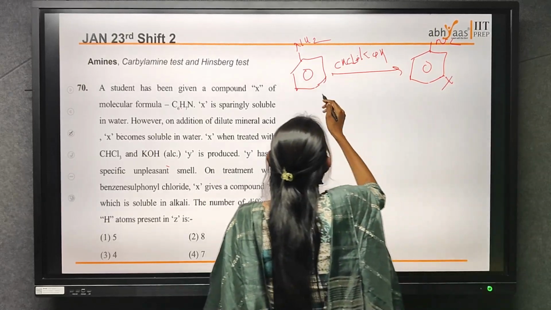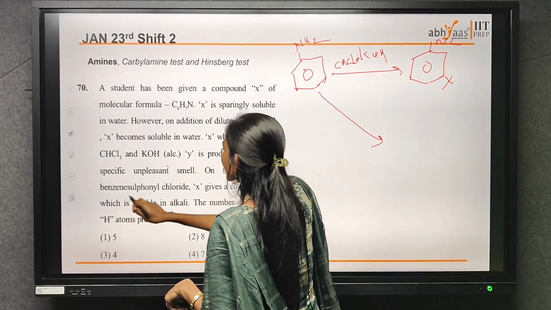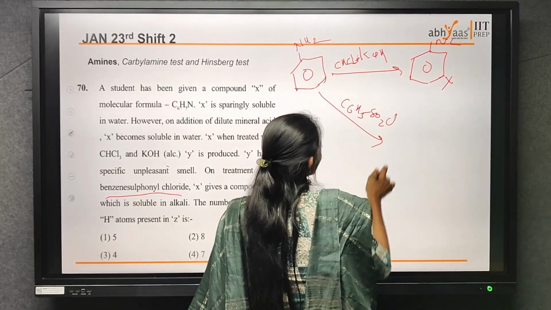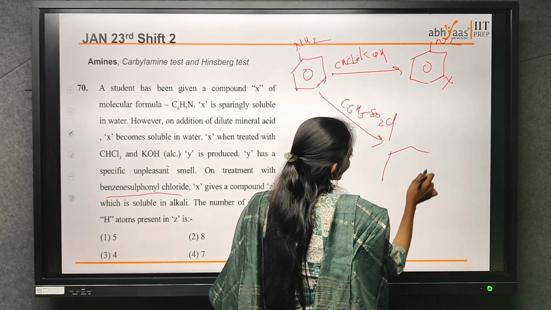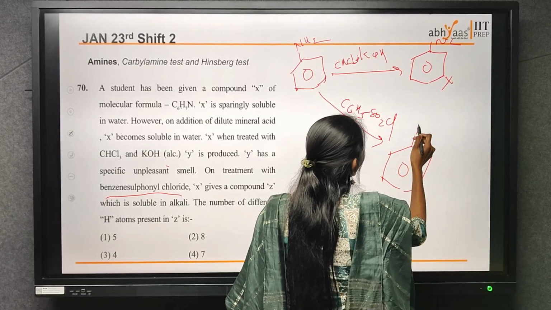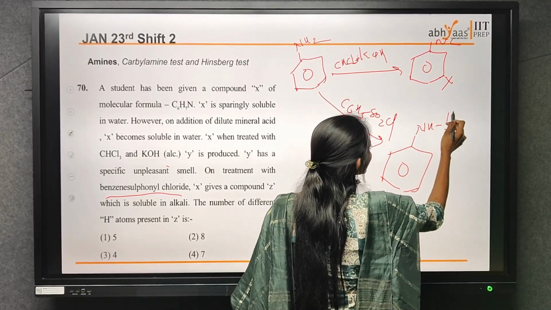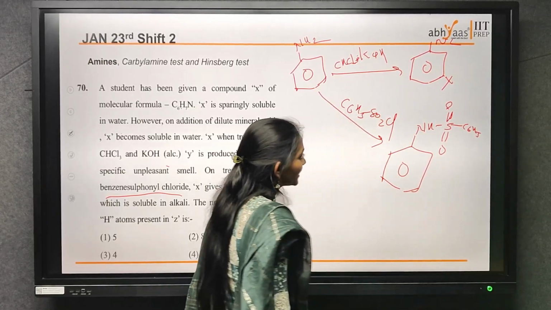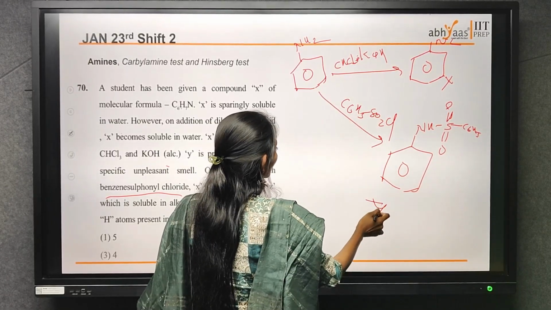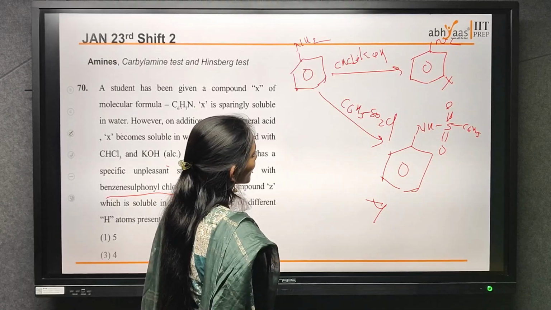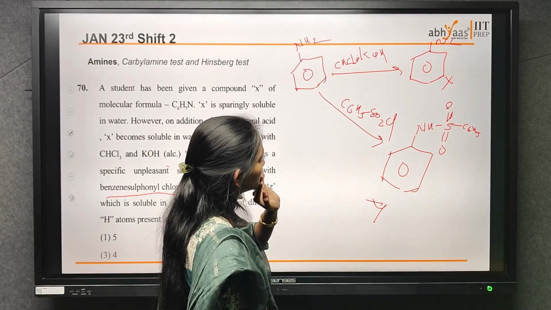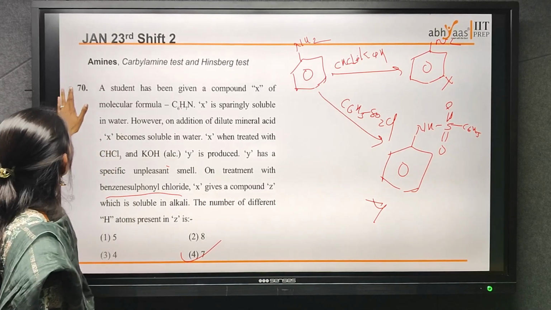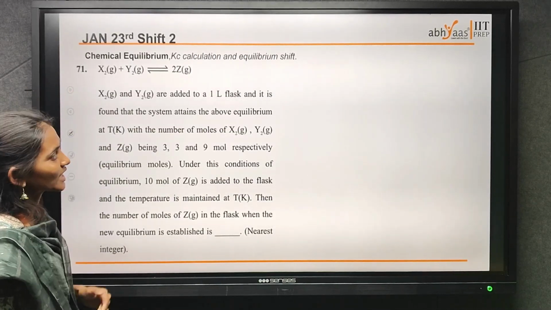This is your Y. When you treat X with benzene sulfonyl chloride, C6H5SO2Cl, you get C6H5 NH SO2 C6H5, your Z. So they are asking how many hydrogen atoms we have here. So 7 we have, answer is 4. Very easy question. Moving on to next question from the numerical section.